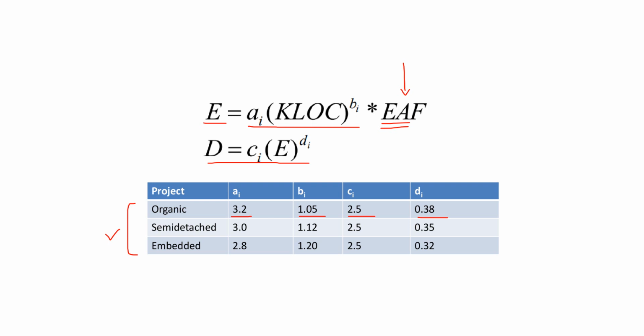Then once we know this, we used empirical based estimation in this lecture. We studied empirical estimation and how to calculate effort and development time initially with basic COCOMO, and how to fine tune a particular estimation and then use it in calculating development time using intermediate COCOMO. So that's all about the complete estimation. Thank you.